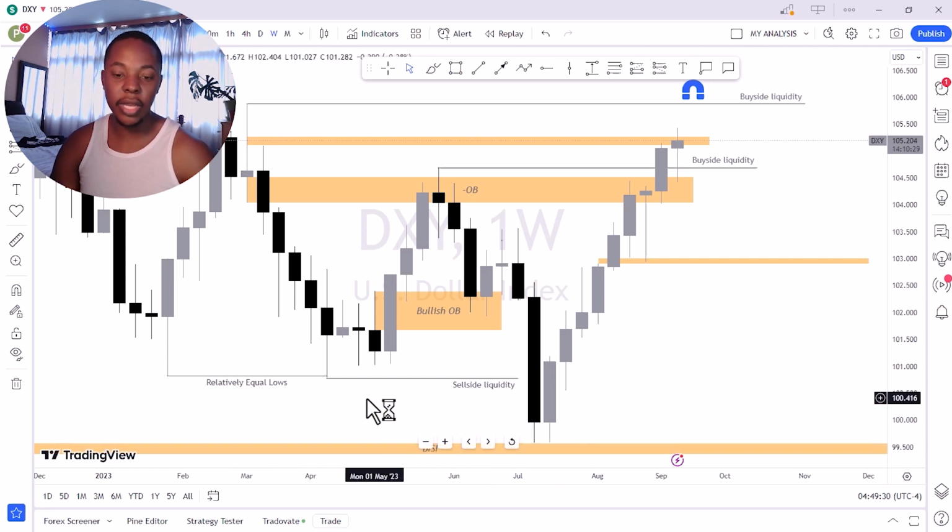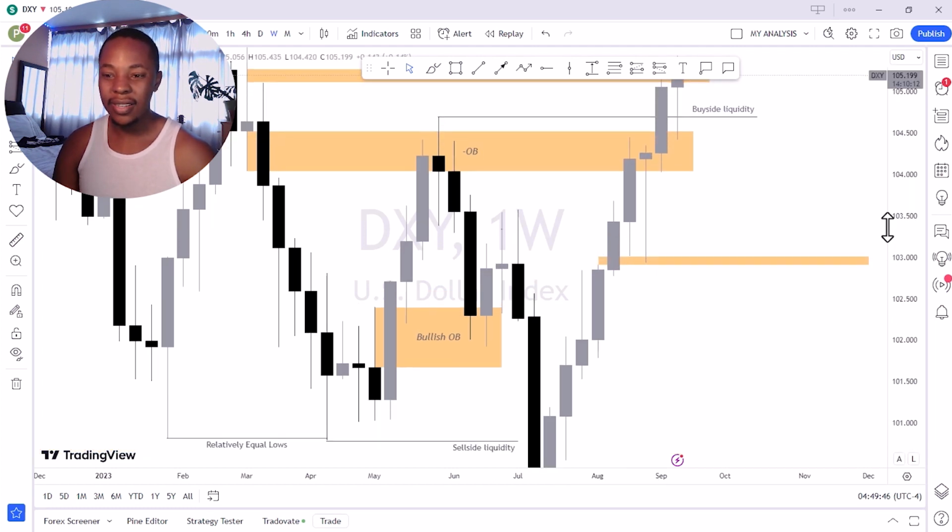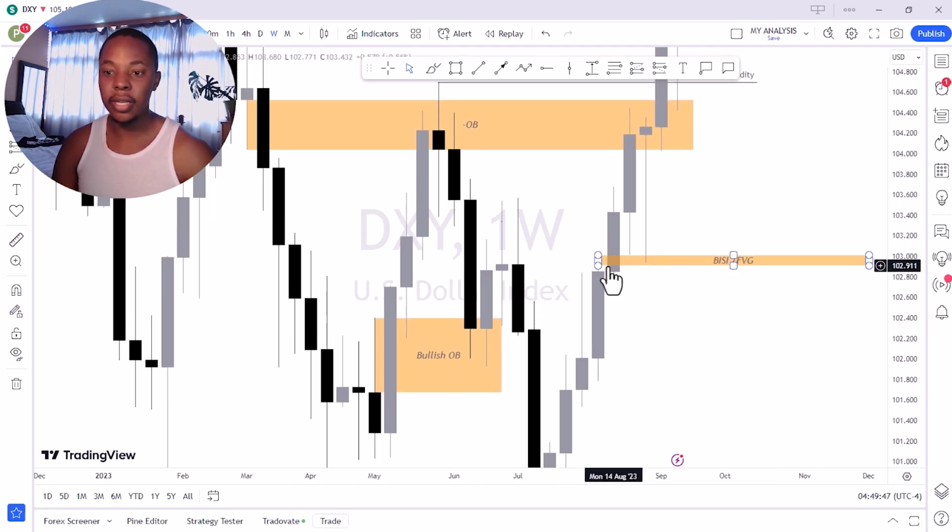That's a weekly BC, but it didn't tap in. It rejected off before it tapped in, and then it went all the way up, going for higher prices, creating this weekly BC also here, fair value gap, buy side imbalance, sell side inefficiency.